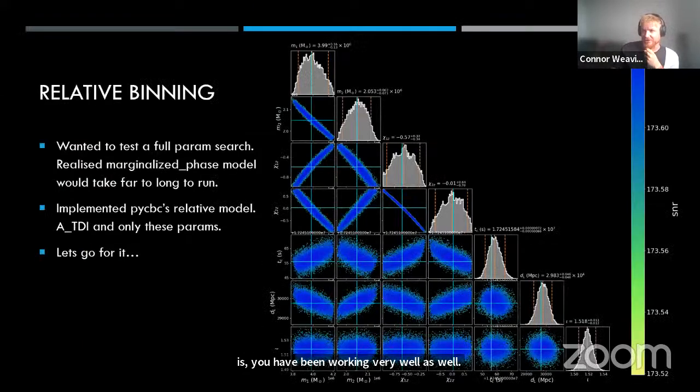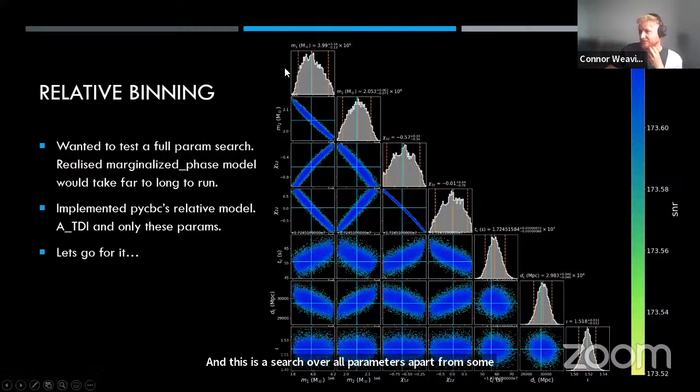So this is kind of the pinnacle of where we're at the moment with implementation of the inference. So we have relative binning working. We can use all of the TDI streams produced by Michael's waveform generator. And this is a search over all parameters apart from some of the sky location parameters, right?